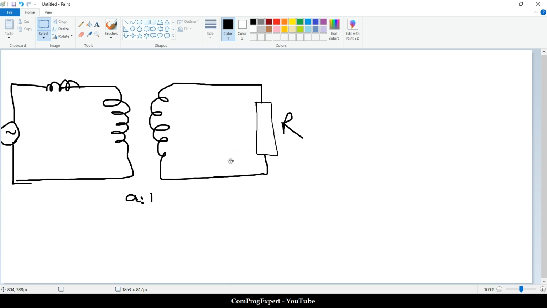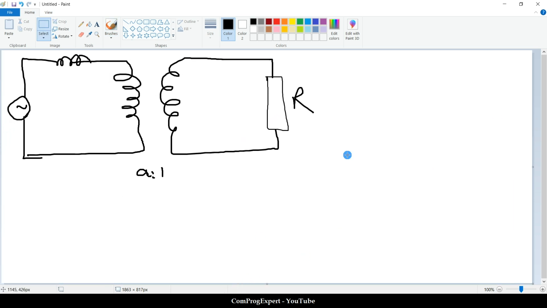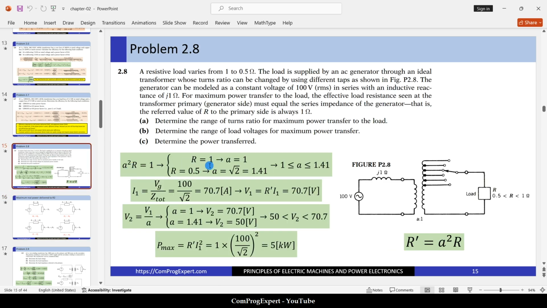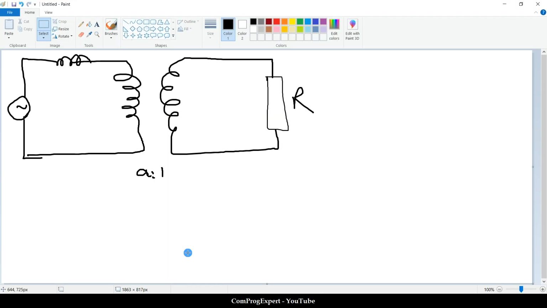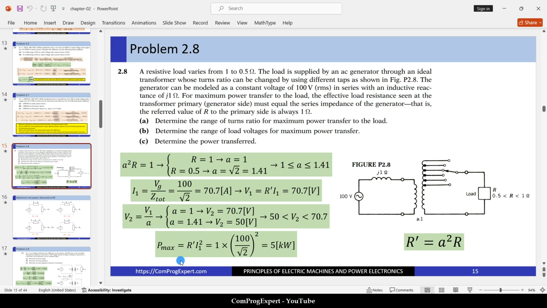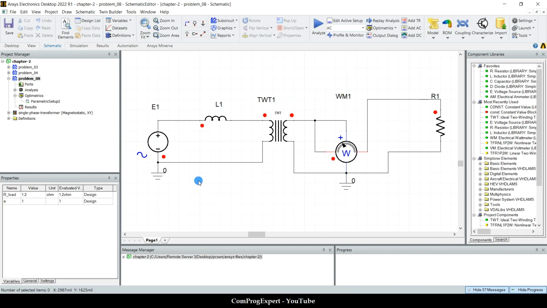We know that when the value of A is equal to 1, the maximum power is delivered to the load for R equal to 1. So if we change the value of R, for example, in this range from 0.5 to 1.5, the maximum power should occur at R equal to 1, right? According to our calculations.